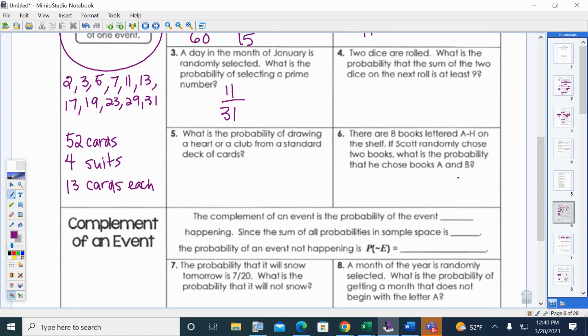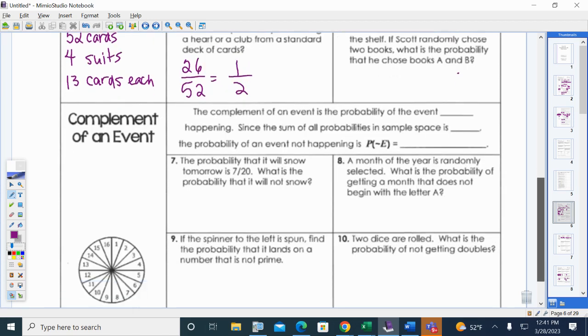Each suit, there are diamonds, hearts, clubs, and spades. And it's asking me what is the probability of drawing a heart or a club. So that would be 26 out of the 52 cards, which is going to reduce to 1/2. All right, let's look at the next section here.